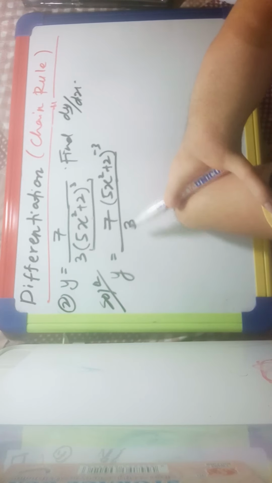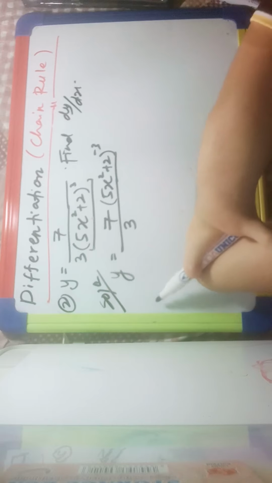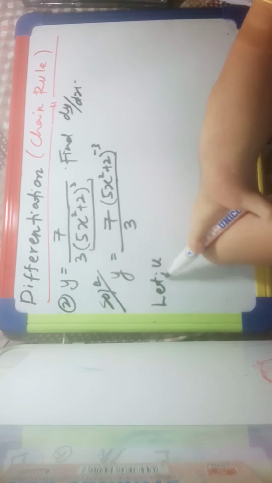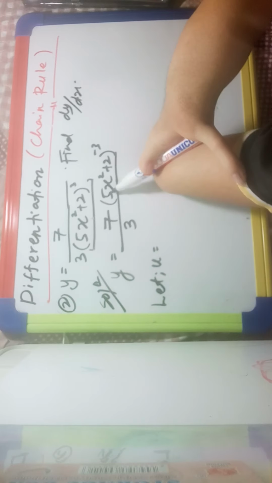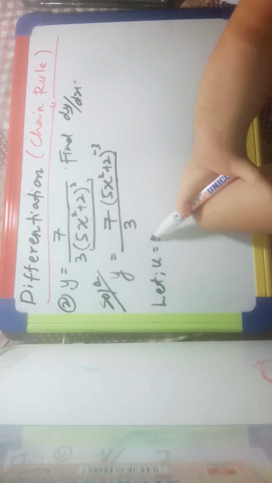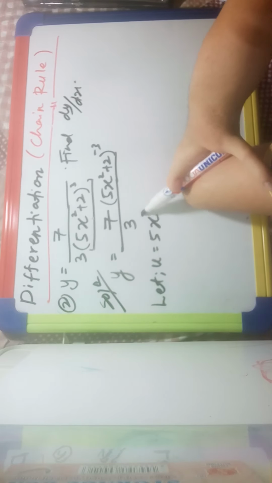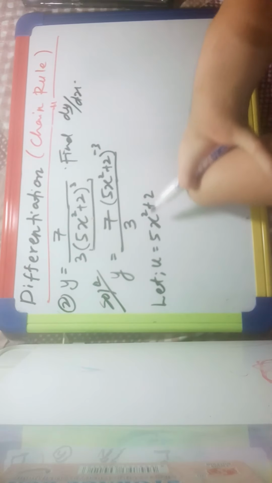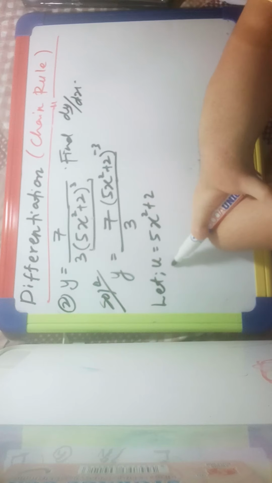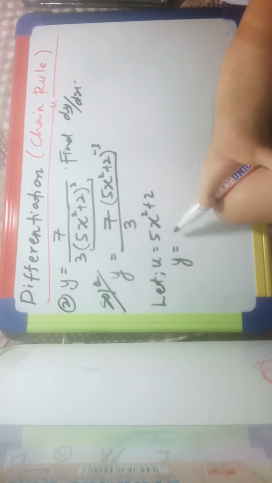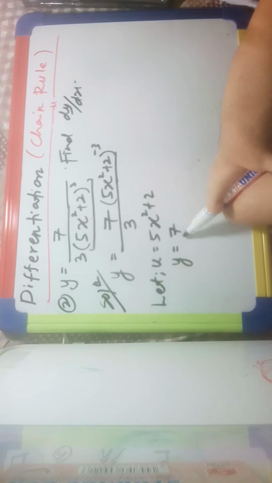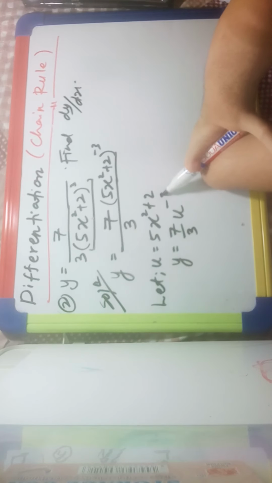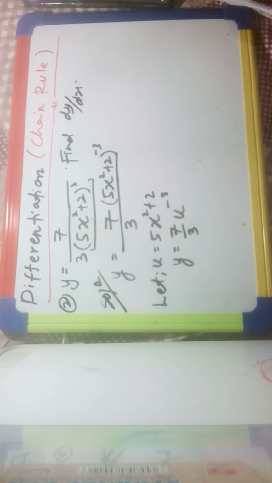Then next step, use the substitution. Let u equal to the thing inside the bracket, 5x squared plus 2. Then when u is 5x squared plus 2, what is our y equation? So y is equal to 7 over 3 u to the power of negative 3.